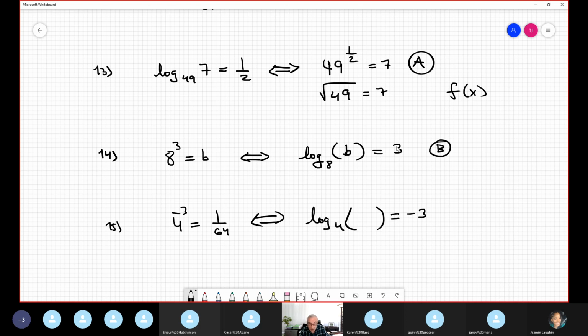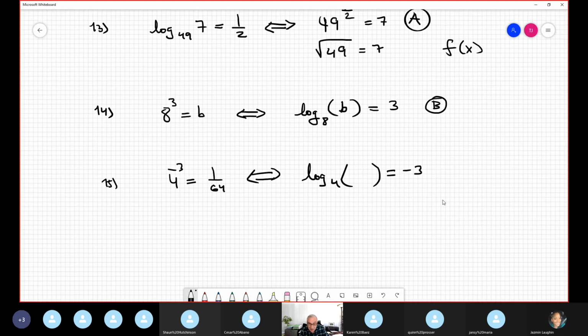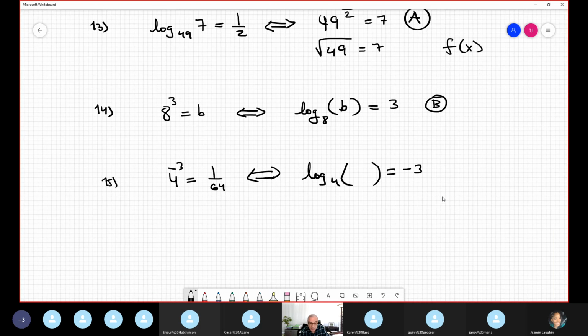Keep in mind that the answer that the logarithm offers is the exponent in the exponential statement. And this is the exponential that is given. It's 1 over 64. That is option D, no? D. All right. Okay, super.